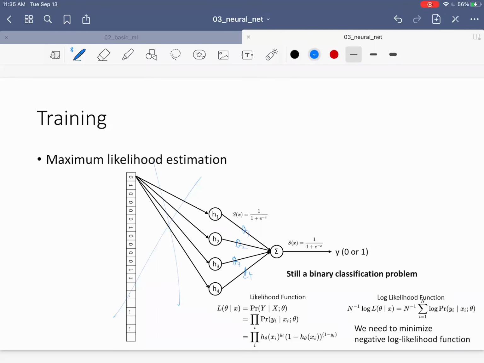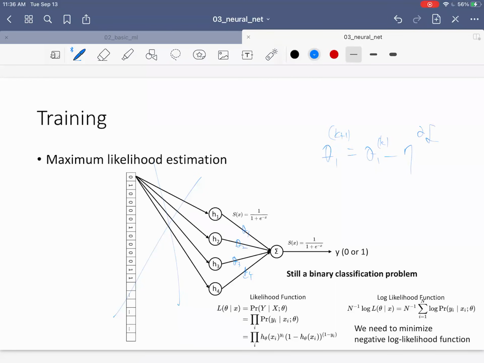Theta 4. And the way you do gradient descent is that you update your parameters one at a time. Like theta 1 at k plus 1 equals theta 1 at k minus step size times the differentiation of... wait, is this correct? Actually, I think I got the differentiation wrong.